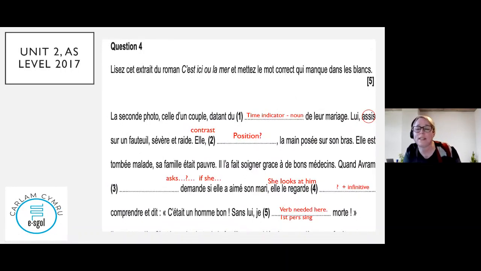With je, we can see that we're going to need to put a verb in here. First person singular, because we've got je, so we need a first person singular verb ending. What tense do we think? Yeah, was. Without him, maybe I would. So maybe we'll be looking at the conditional for this.